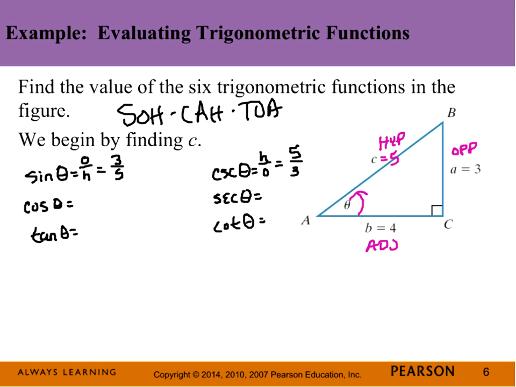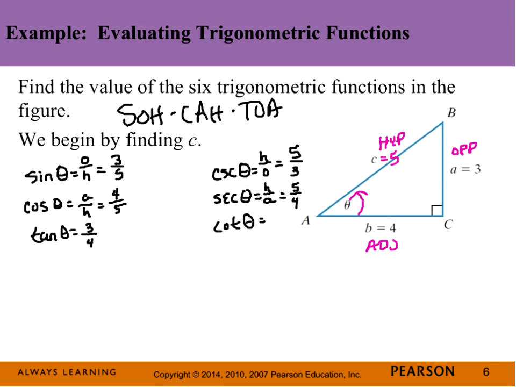For cosine, I have adjacent over hypotenuse. My adjacent is 4. My hypotenuse is 5. For secant, I have the inverse, which is hypotenuse over adjacent, or 5/4. Tangent, I have opposite over adjacent.